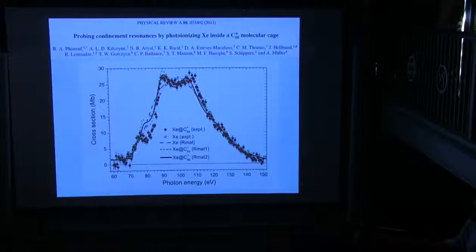I'll show a second slide, but the calculations and the experiment without the buckyball are in very excellent agreement here. With the buckyball, there are two separate calculations that just change the treatment of the fullerene a little bit to show that sensitivity, but both the calculations and the measurements indicate these oscillatory structures.